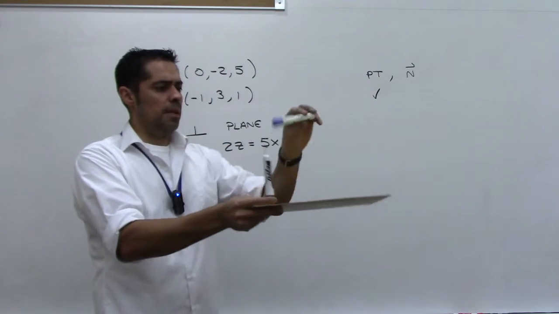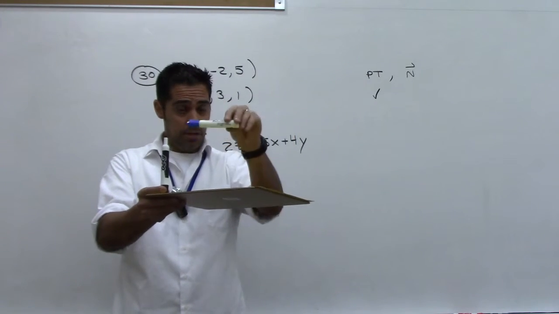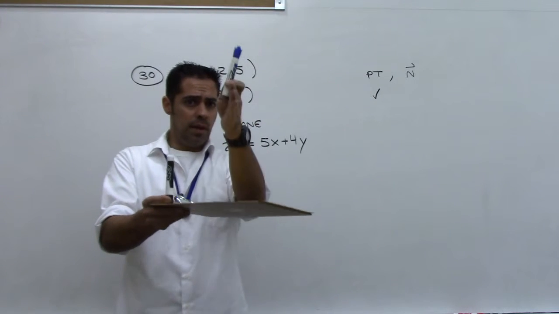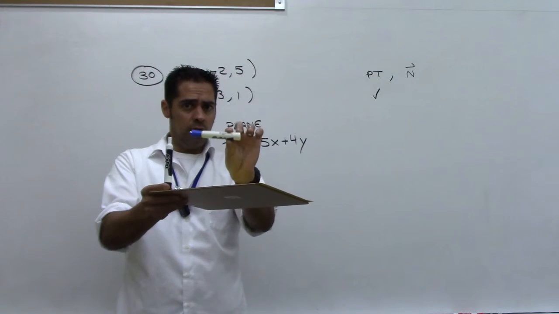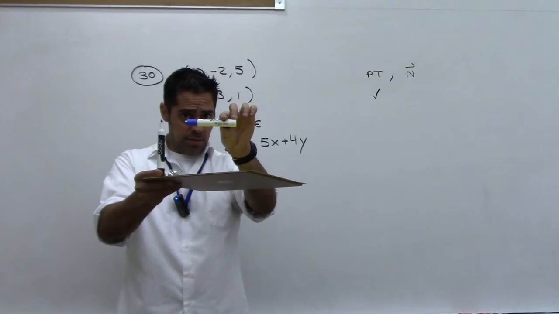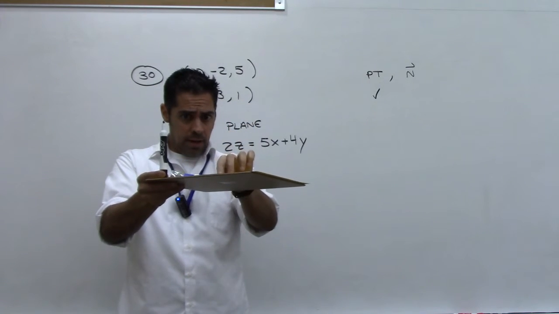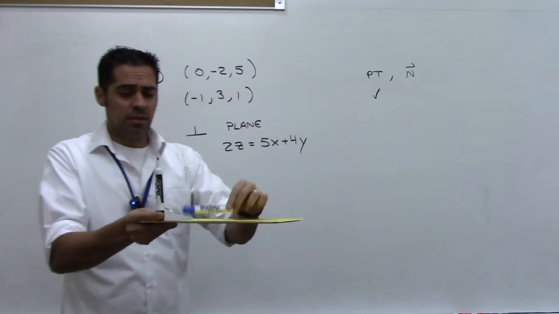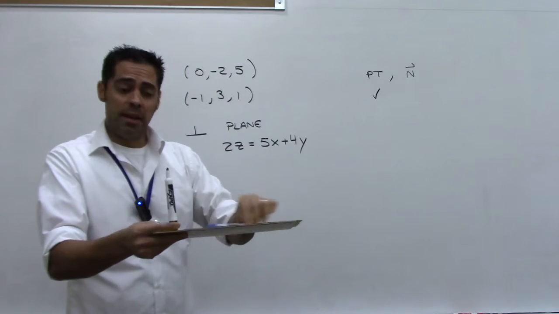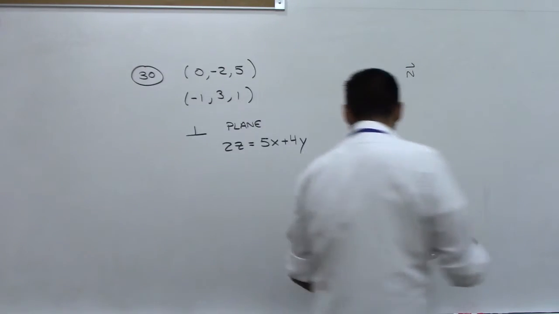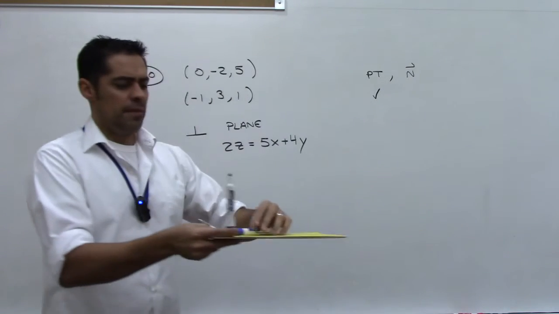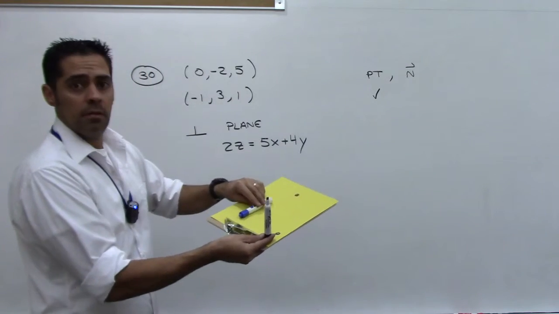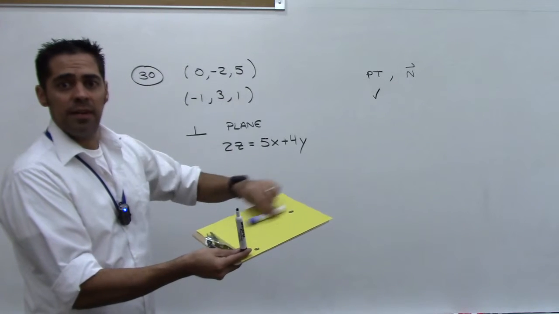The plane is perpendicular, the normal vector, sorry, is parallel. Do you all see that? I think I said that wrong. The plane is perpendicular, and the normal vector of that plane is actually going to be parallel to my plane. So this vector lives on my plane.